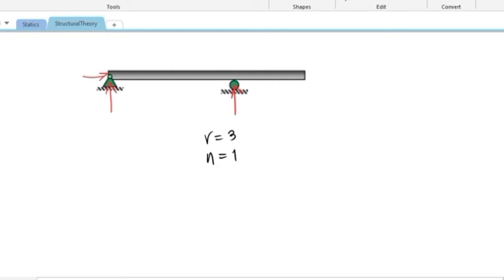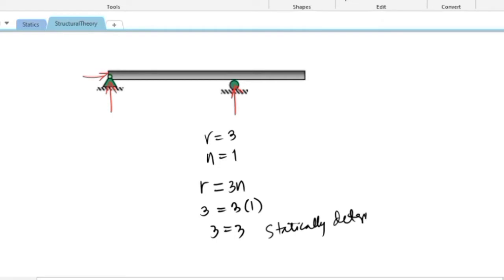So, check natin, since r is equal to 3n, therefore it is statically determinate. So r is 3, that is equal to 3 times 1, 3 is equal to 3, so meaning this is statically determinate.